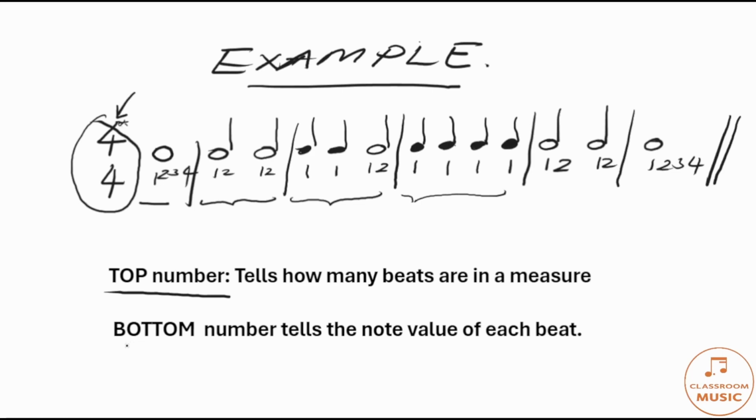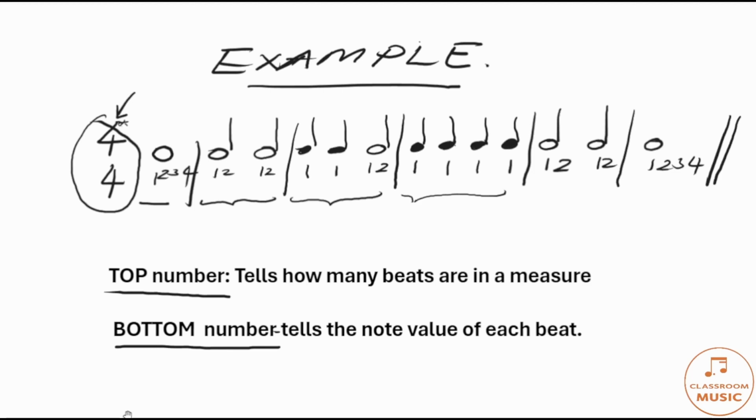So the top number in the time signature indicates the number of beats in every measure or bar. What about the bottom number? Connecting back to the values of notes, a note with 1 beat value is a quarter note. So the bottom number 4 in the time signature indicates the value of a quarter note.